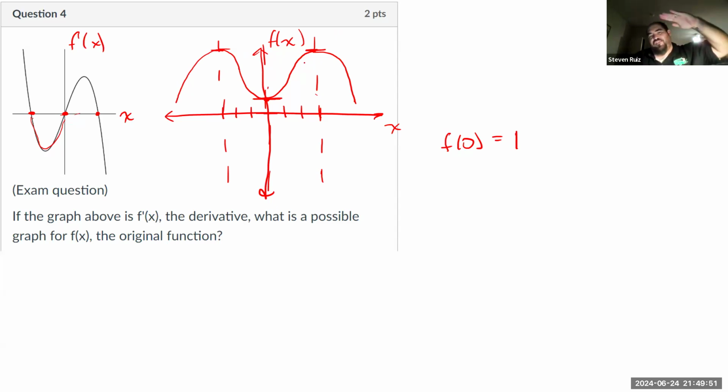It might be vertically shifted upward or downward. But when we're told the derivative, the rates of change, we can get a lot of information about the behavior of the parent function f, but what we can't talk about is locations. We don't really know any y values that are on the original function.